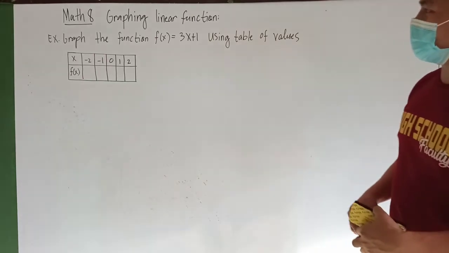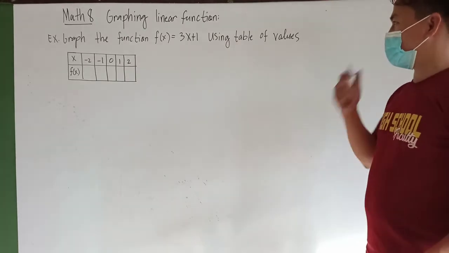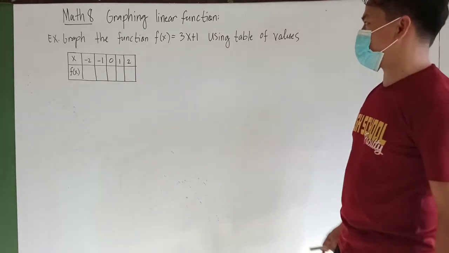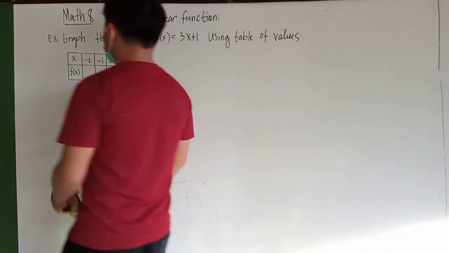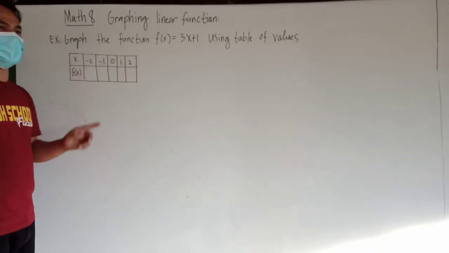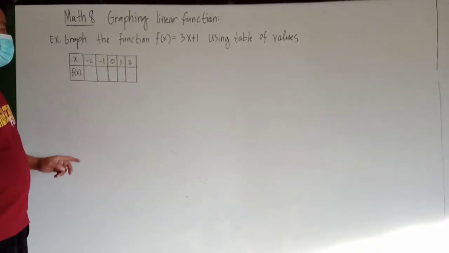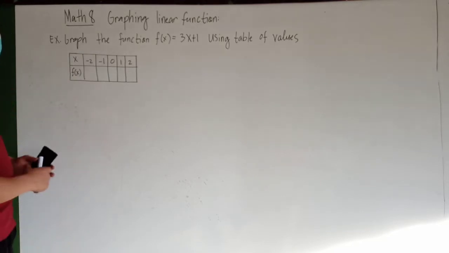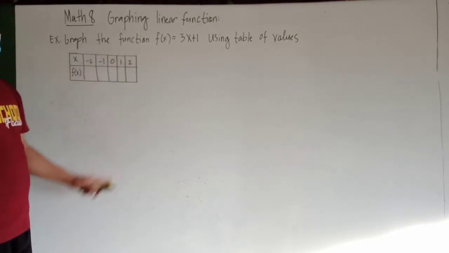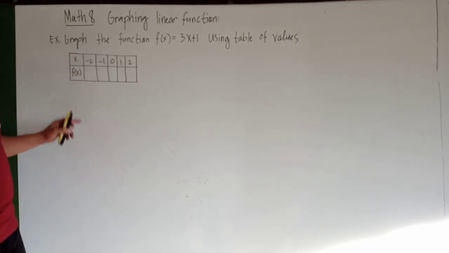But at this time, we will graph the given function f(x) = 3x + 1 using a table of values. By using the table of values, we can use any values of x. From this one, we started at -2 and went up to +2, but actually we can use any values.